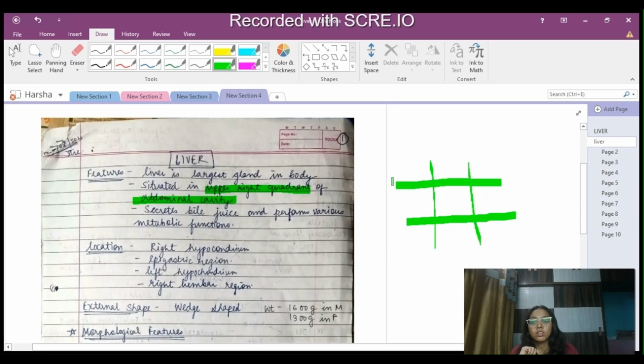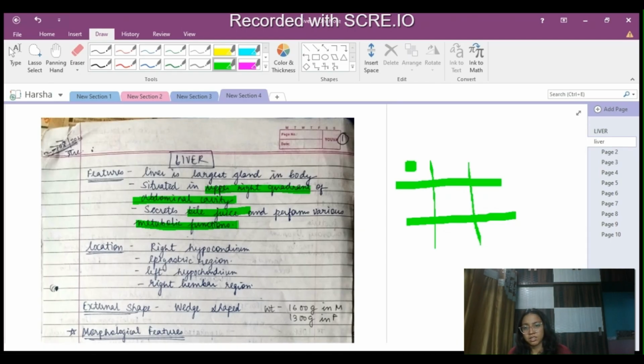So, the liver is situated over here in the right quadrant, and it secretes bile juices and performs various metabolic functions.